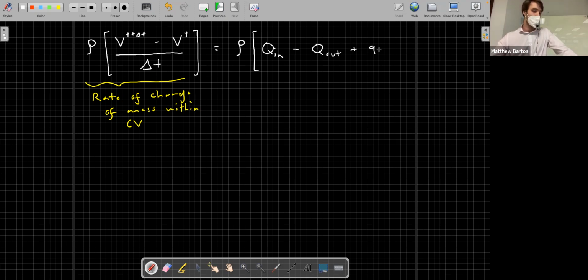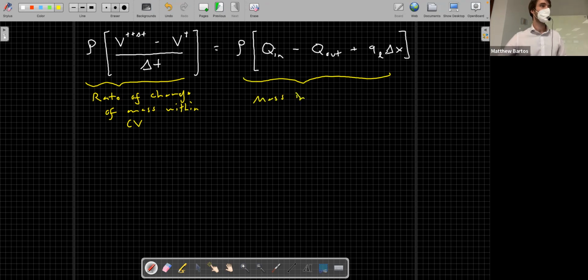Plus our lateral discharge q_l times the length over which the lateral overflow is being applied, which is delta x. Okay, so this is the mass in minus mass out.